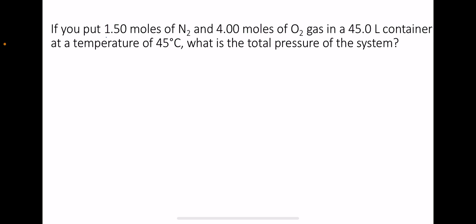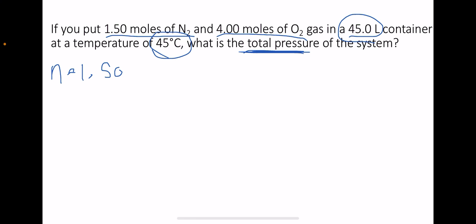So if we have this many moles of N2 and this many moles of O2 in a 45-liter container, at a temperature of 45 degrees Celsius, what is the total pressure? So we have an n of 1.50 moles. We have another n of 4.00 moles.